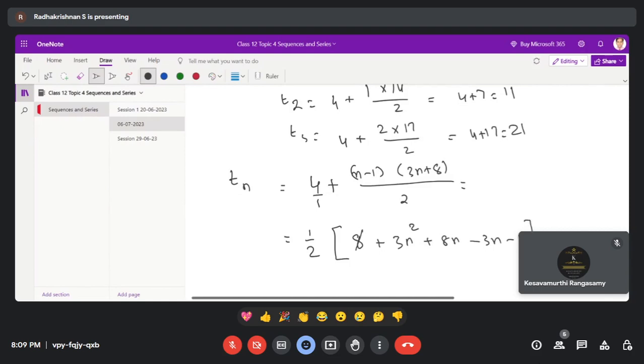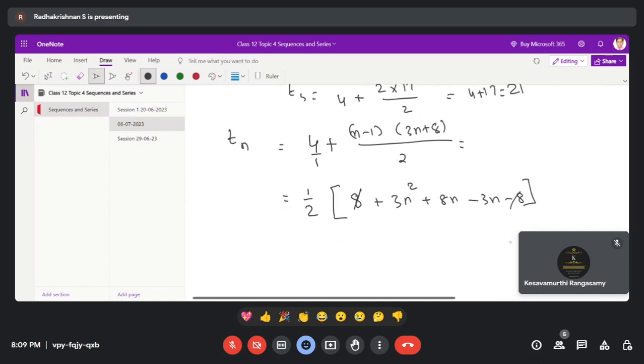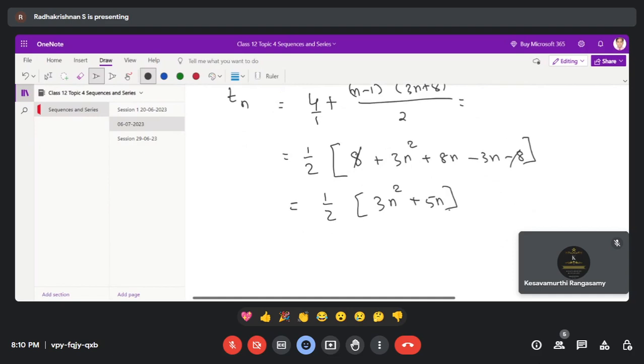So this 8 gets cancelled, and what you get is half into 3n square plus 5n. So now this is your Tn.